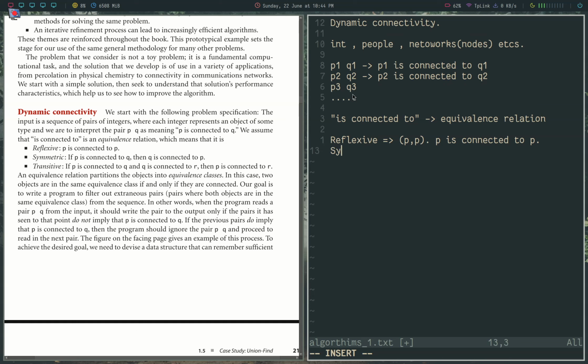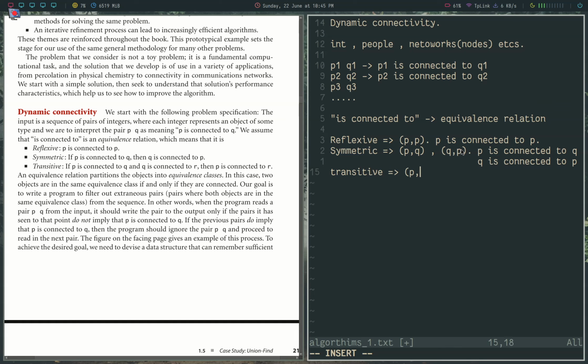Then it also has to be symmetric. Symmetric means that if there exists P and Q, then there must exist Q and P also. That means P is related to Q and Q is also related to P. So P is connected to Q and Q is connected to P. And the third relation which needs to be satisfied is transitive.